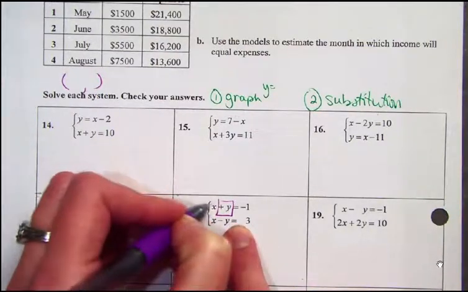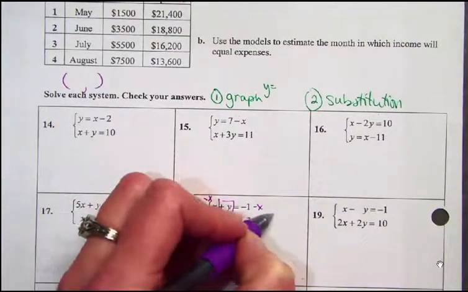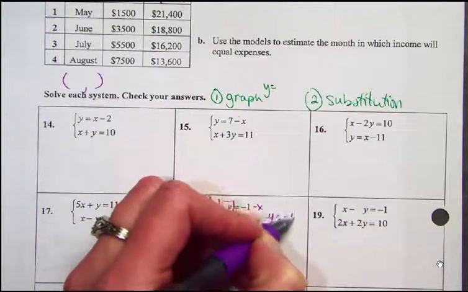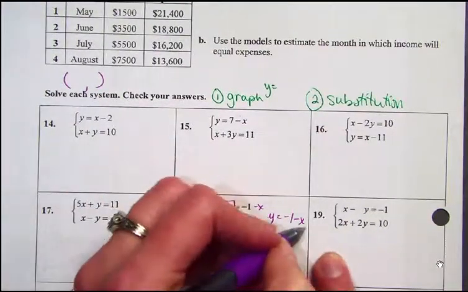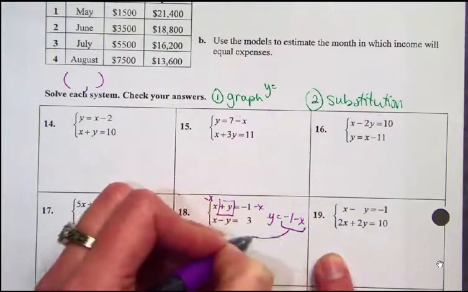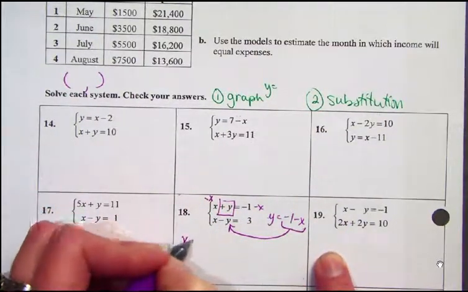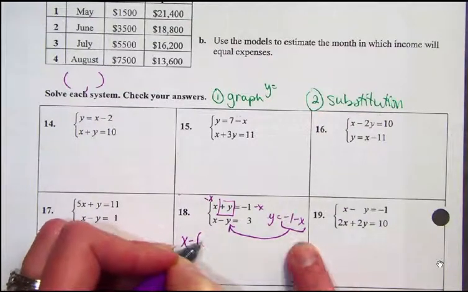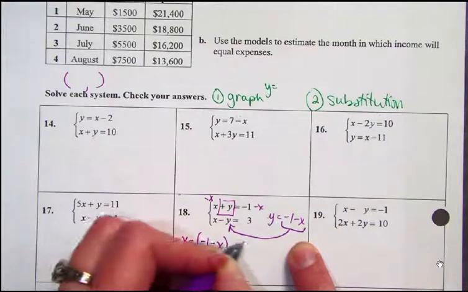But I'm going to get y by itself by subtracting x from both sides. Negative 1 minus x. And now I'm going to use substitution and plug this in place of y in the other equation: x minus, open parentheses, negative 1 minus x, close parentheses, equals 3.